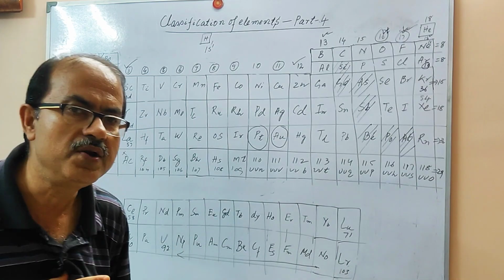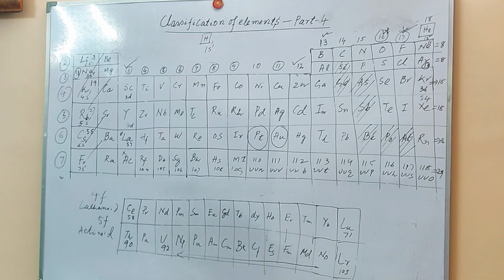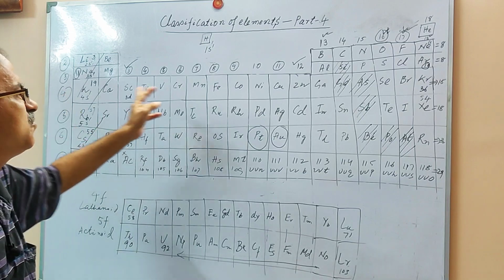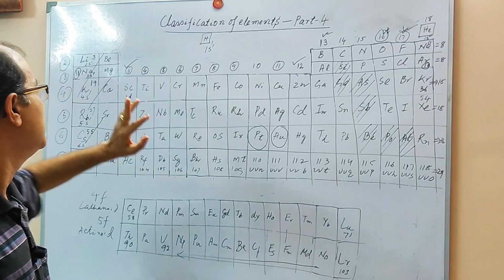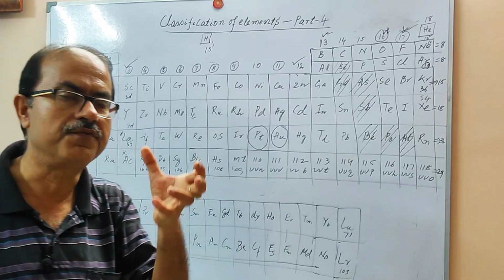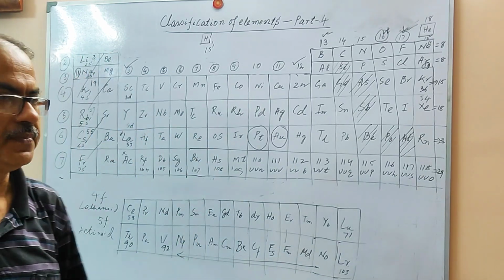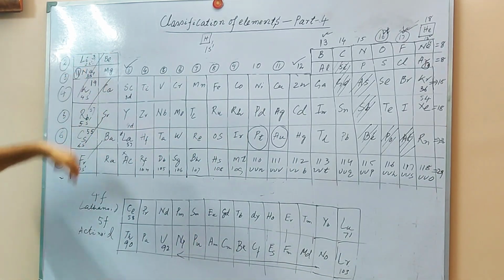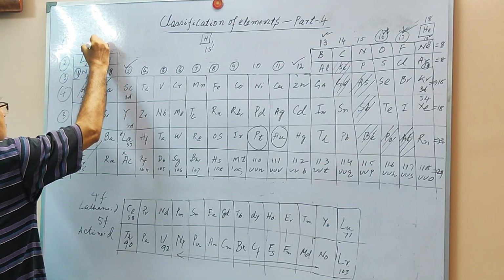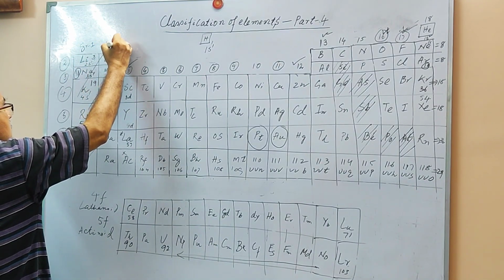Now, if we want to analyze in terms of the groups, here a total of 18 groups are there. In a group you can see the valence shell electronic configuration is totally the same. Here this is the first group, and this is your second group.